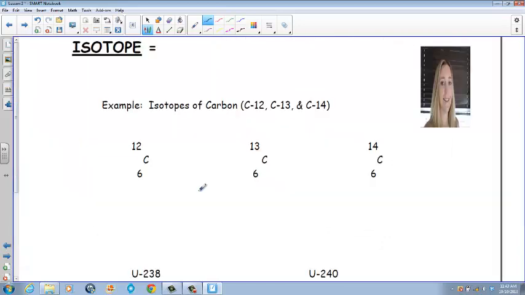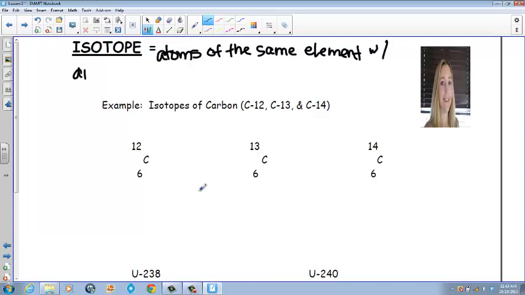And next, a definition of an isotope, and we're going to stop after we're done with isotope. Okay, so an isotope, and these can sometimes get confused with ions, but these don't have charges. Okay, so isotopes are atoms of the same element with different mass numbers. And therefore, they're going to have a different number of neutrons.